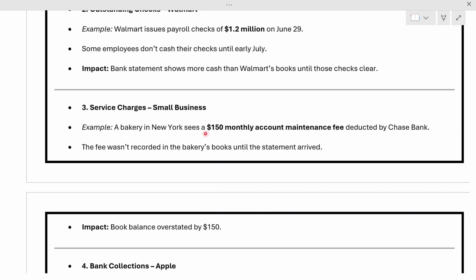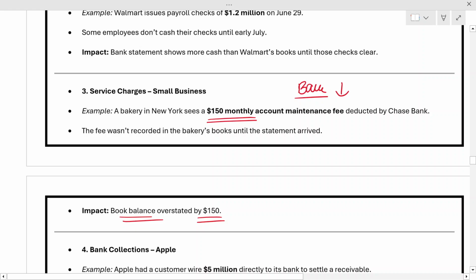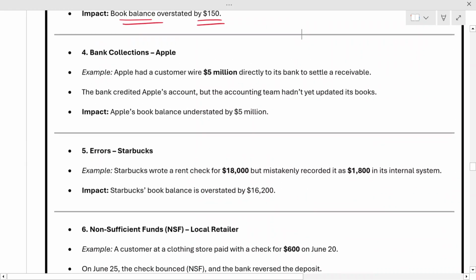Because until the company knows their exact account maintenance fees, they won't pass the entry, but their bank has already reduced this $150 from their bank account. So definitely their book balance will be higher by 150. So this is a case of service charges which may happen in the business.